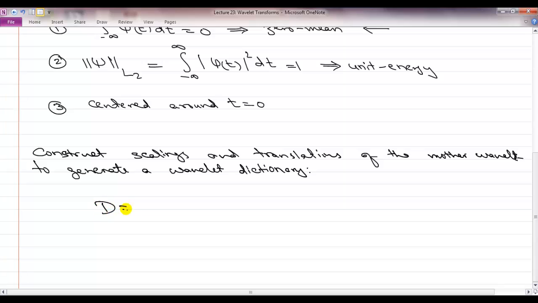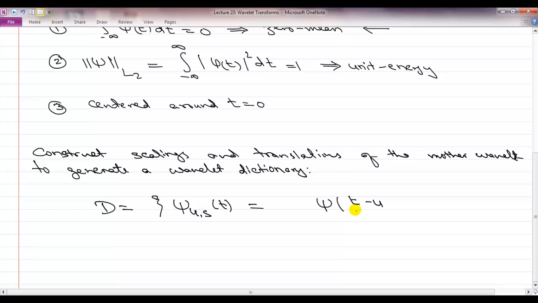So the dictionary is given by the function phi psi of u comma s of t, okay, which simply means that you take your mother wavelet and first of all you shift it by time u, okay, so you shift it in time.